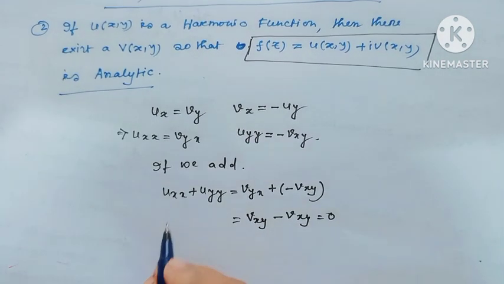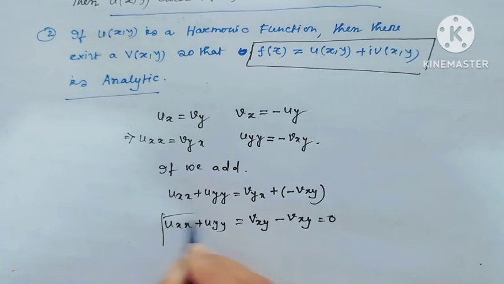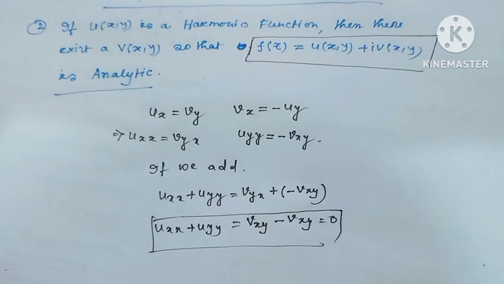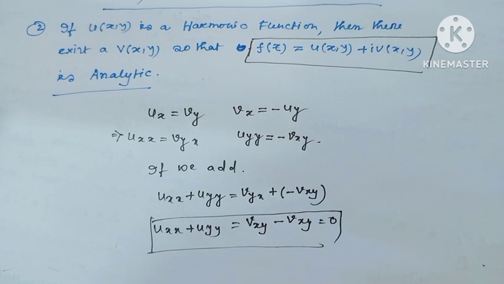So u_xx + u_yy = 0, which implies u is a harmonic function.